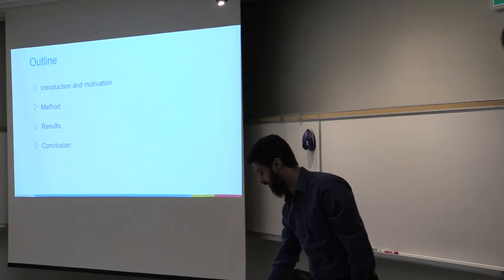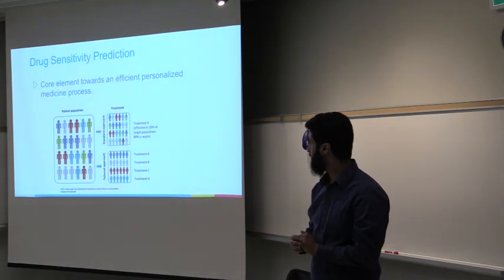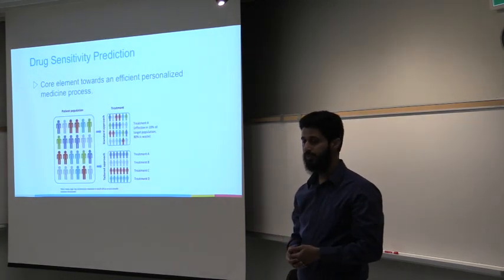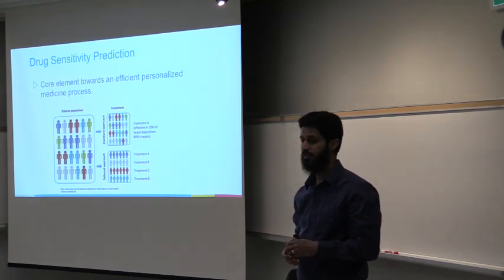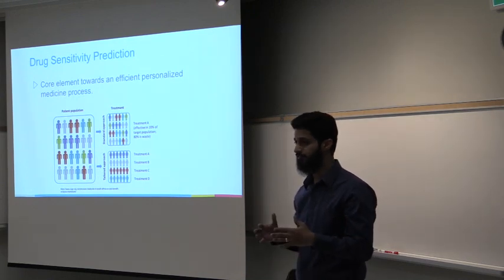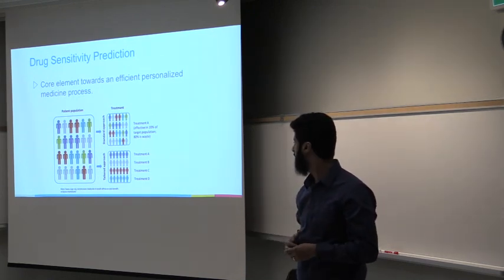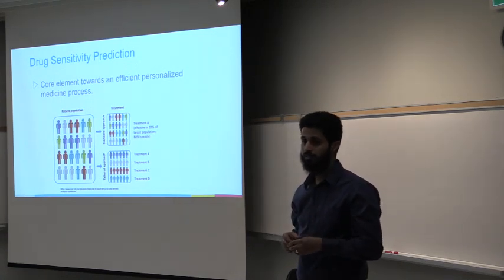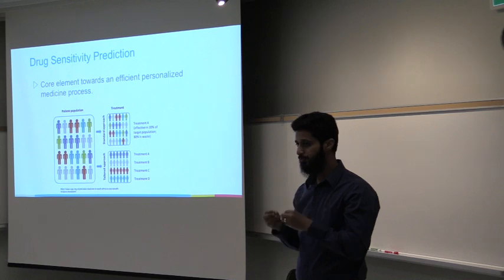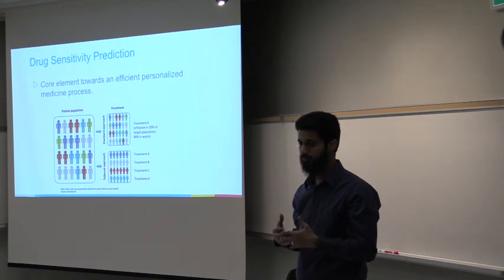Drug sensitivity prediction is an important problem, and it's a core element towards an efficient personalized medicine process. As you already know, if we have a population of patients, even for the same disease, let's say breast cancer, and we give all of them the same treatment, we know that only a small portion of them would respond to that treatment.